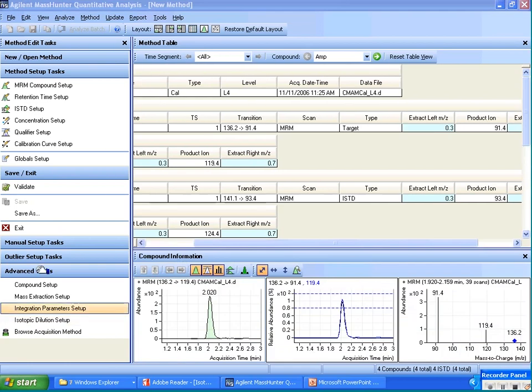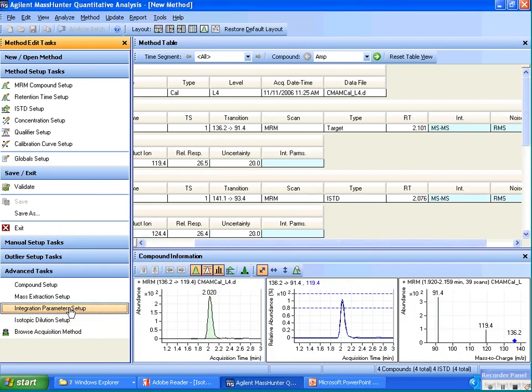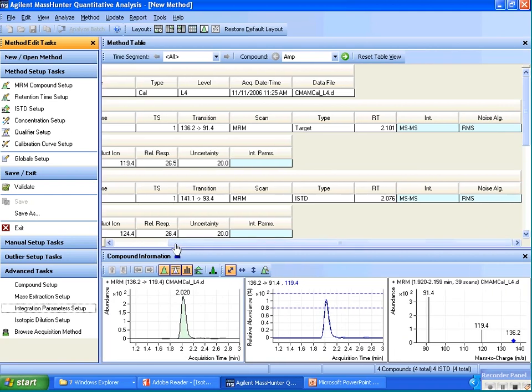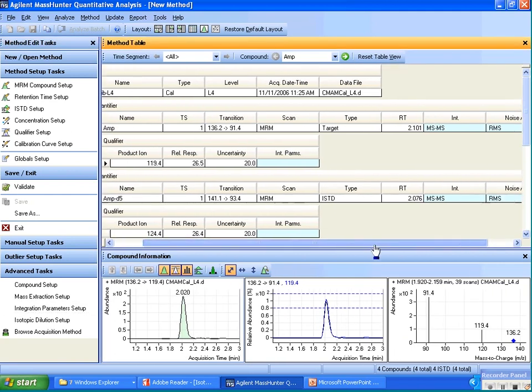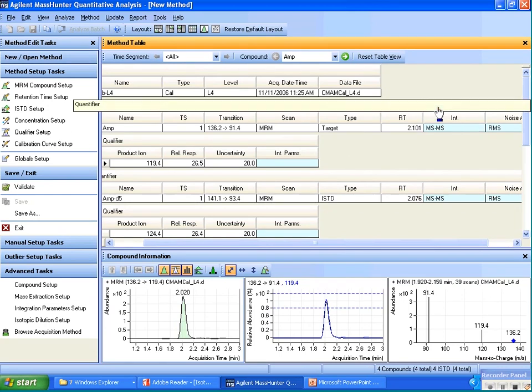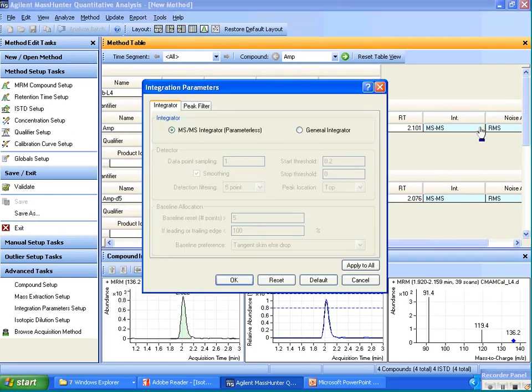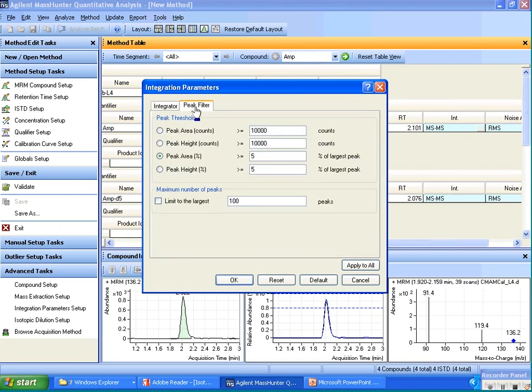We have talked about the integration parameters setup previously in the Integrator Advanced section, but I would like to point out that with the integrator comes filtering. So I'm using the MSMS integrator, and one trick that potentially could remove very low-level integrated signals is to filter that by peak area counts.